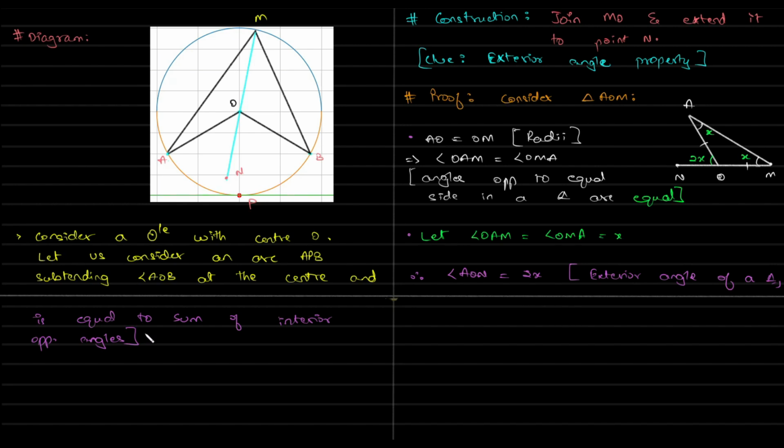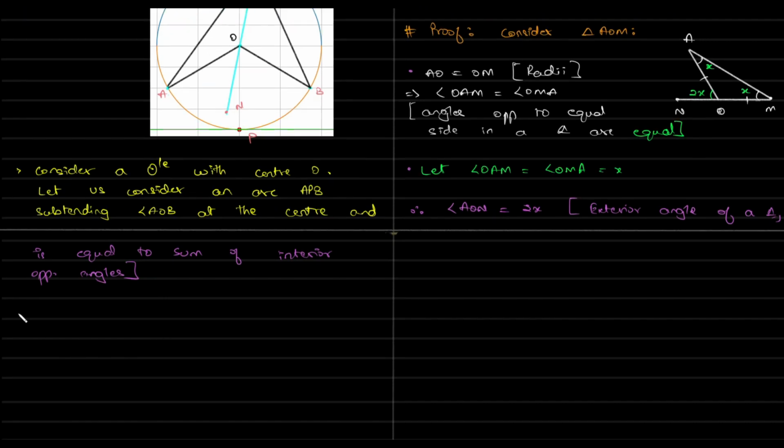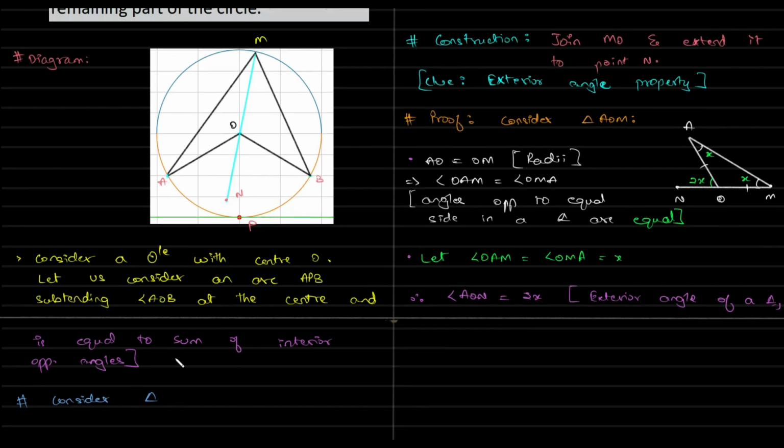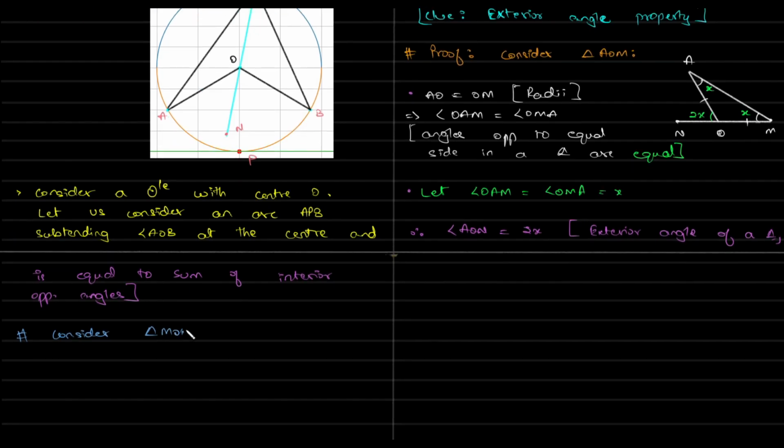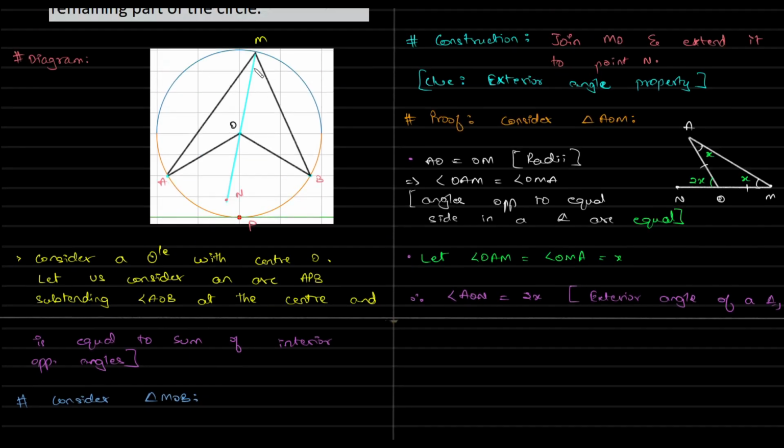So that's good. Now what else? Now consider triangle MOB. So it's a similar case. We'll call this as, say, Y. This is Y and this is Y. So this will be 2Y.